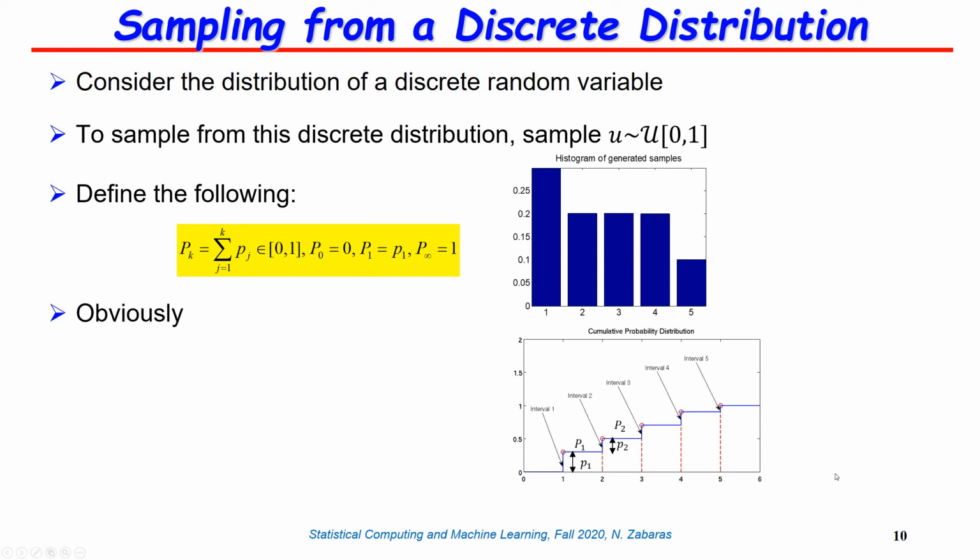This is the cumulative distribution for my discrete random variable, and this is a formal way to write it down.